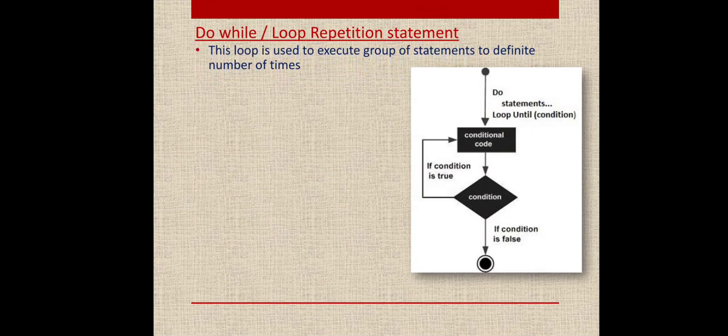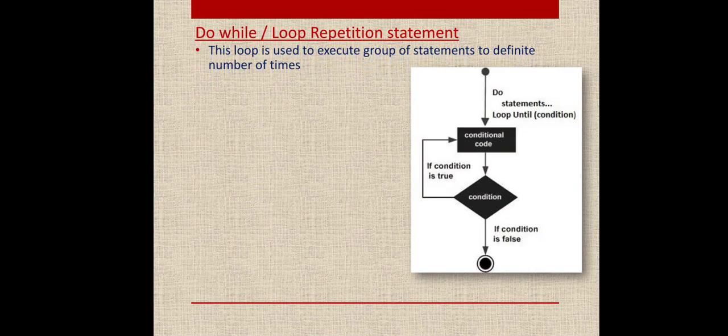For example, if we want to write a message 100 times or 10 times, instead of writing that message manually, we just put that message once in a loop, and we put the condition in the loop, and once the condition is true, these statements will get executed automatically. We just need to write that statement only once. It will get executed 10 times or 100 times as we need by using different looping statements.